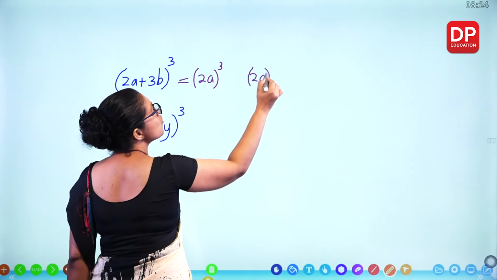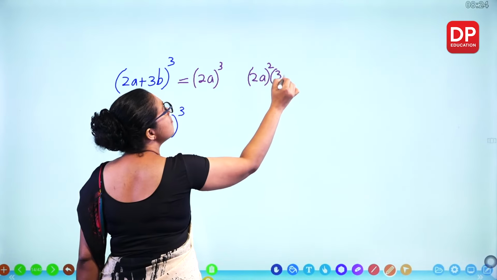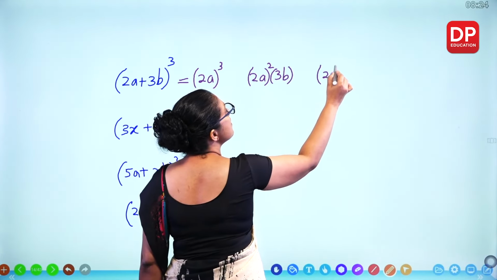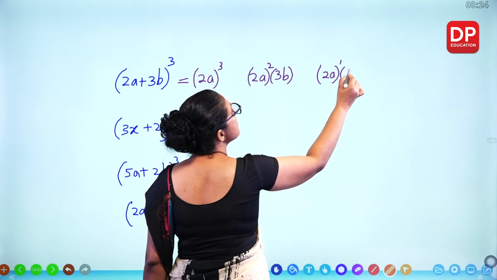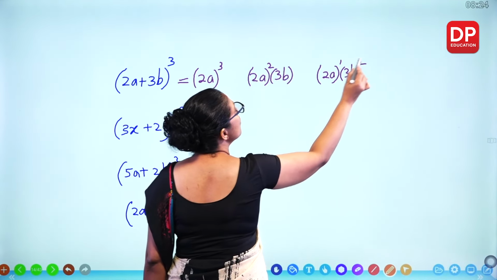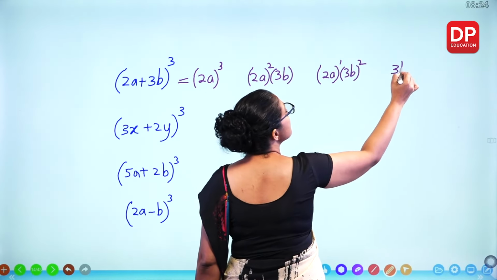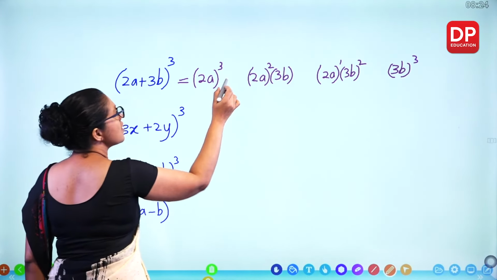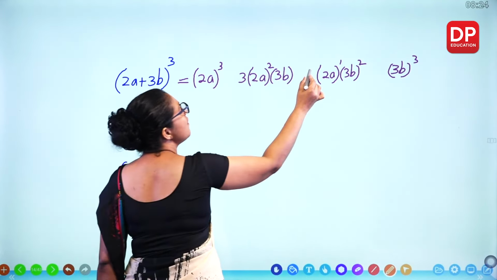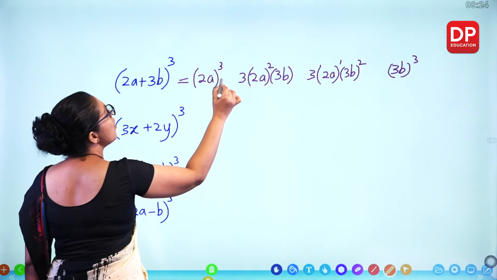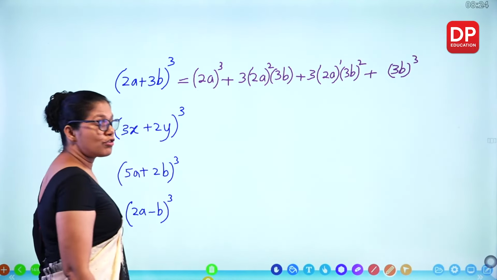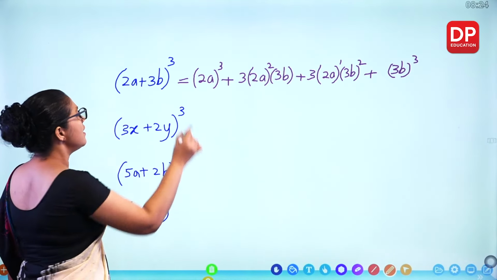First term squared, last term power 1. The next term, first term power 1, last term power 2. That's the last one. Last term power 3. Now extra term comes 3 here, 3 here, and this is all pluses. Now you need to expand and write down this.